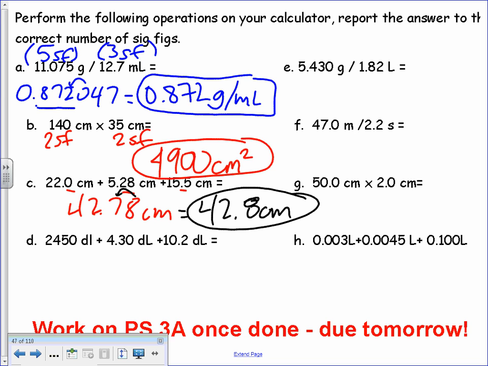Okay, D is the only tricky one, okay? Tell me what I do. Okay, so you add. How many decimals are recorded in the end? 0. This one is my weakest link because there's 0 decimals there. 2 decimals here and 1 decimal here.